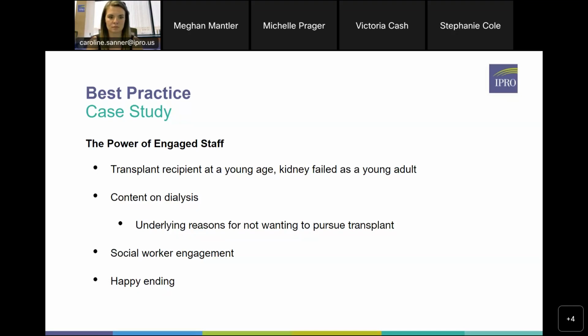We had a patient that was transplanted at a very young age with lupus, and she had this transplanted kidney for quite a long time. At a very young adulthood, that kidney failed and she was back on dialysis.